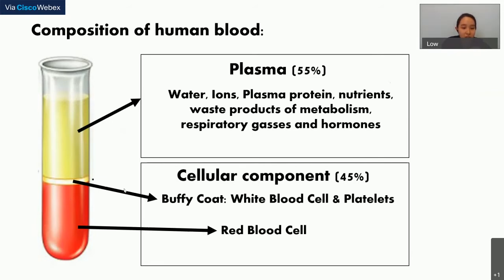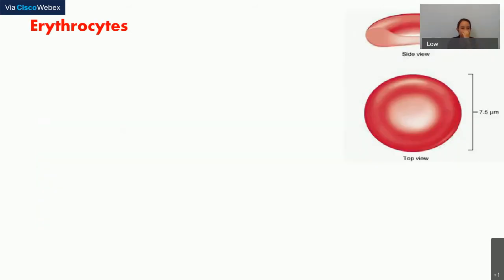The second layer is the buffy coat that contains your white blood cells and platelets. And the last one is your red blood cells, which are heavier than the other material inside your blood.